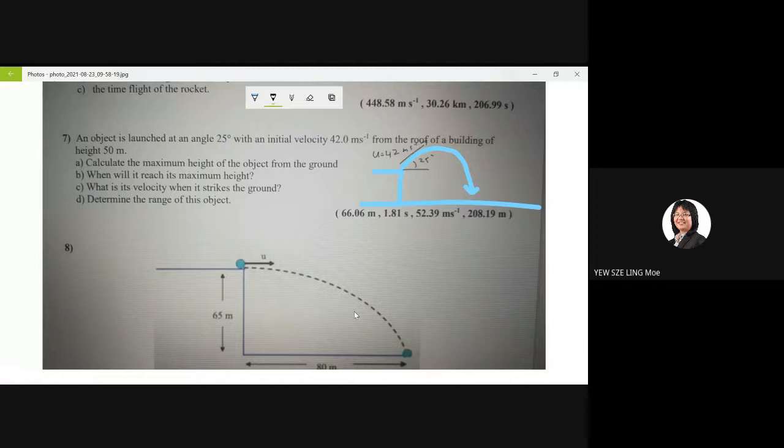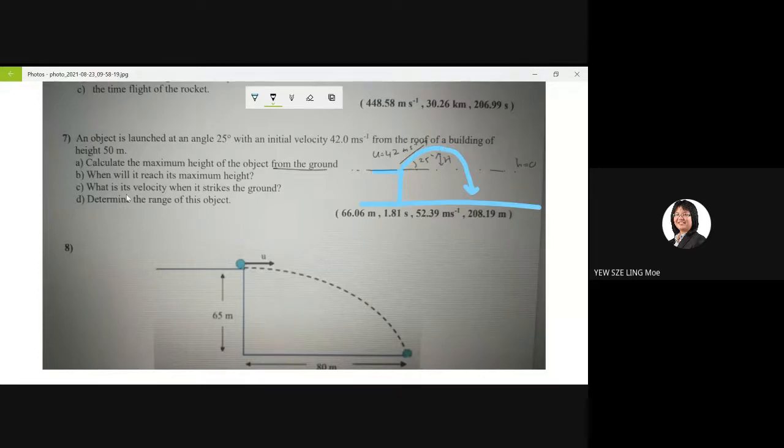Calculate the maximum height. This one shouldn't be an issue for you. You let the building be h equals 0 first, and then you calculate the maximum h. This is for question A. When will it reach maximum height? So you calculate the time taken to reach maximum height as well.